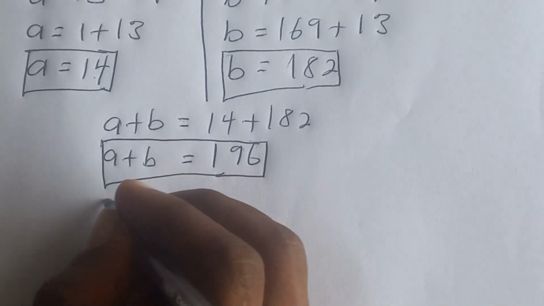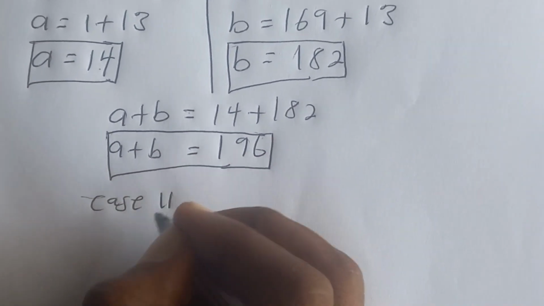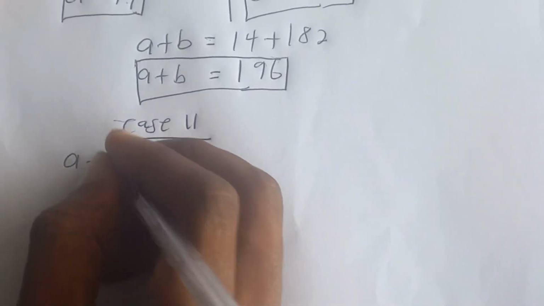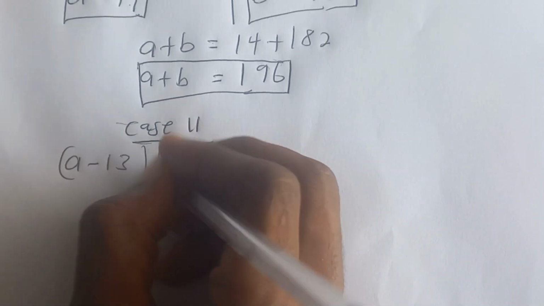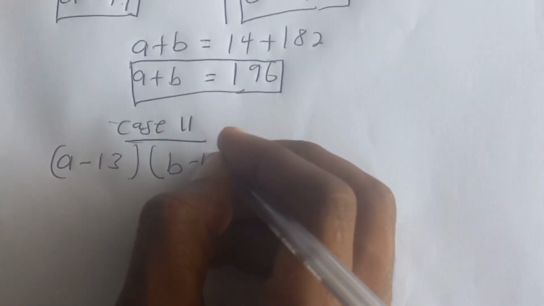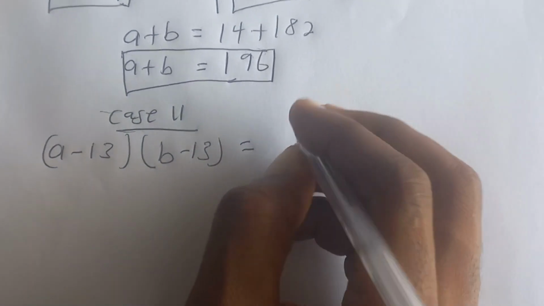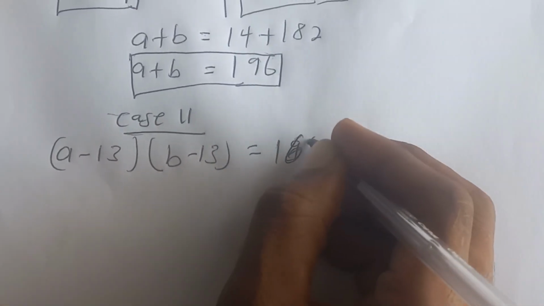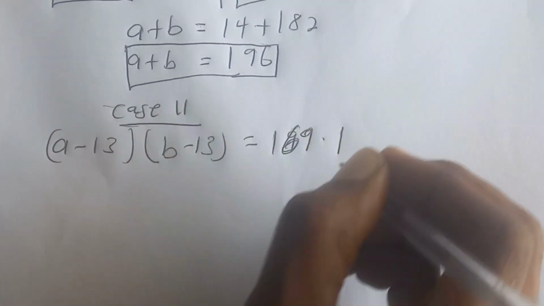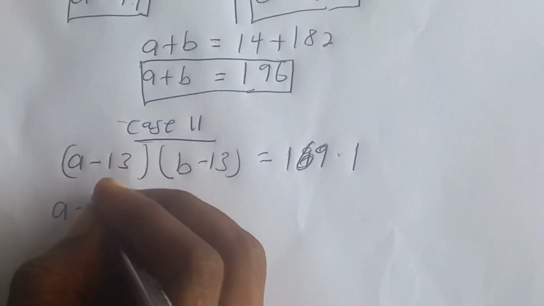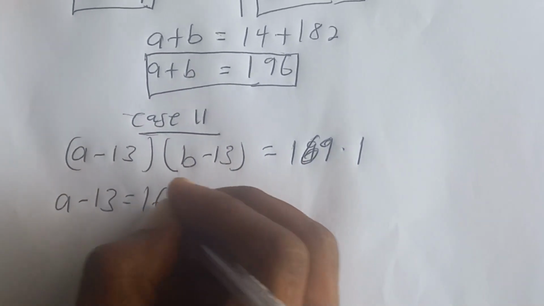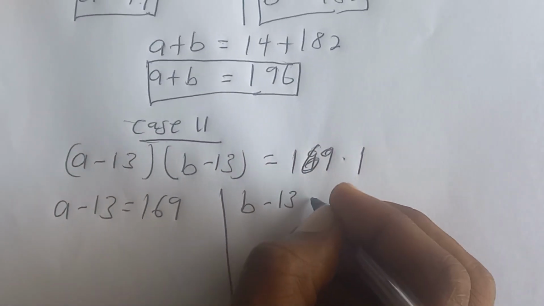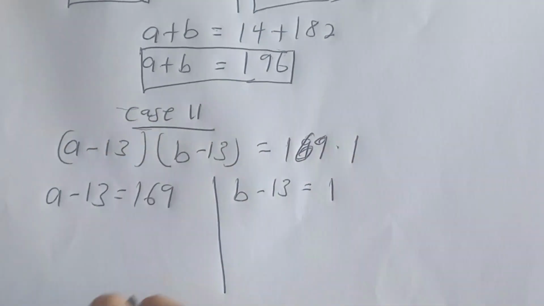Now let's tackle case 2. It is A minus 13 into B minus 13 is equal to 169 multiplied by 1. So in this case, A minus 13 is equal to 169, and then B minus 13 is equal to 1.